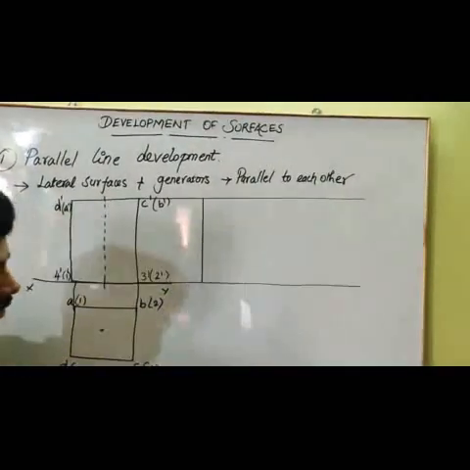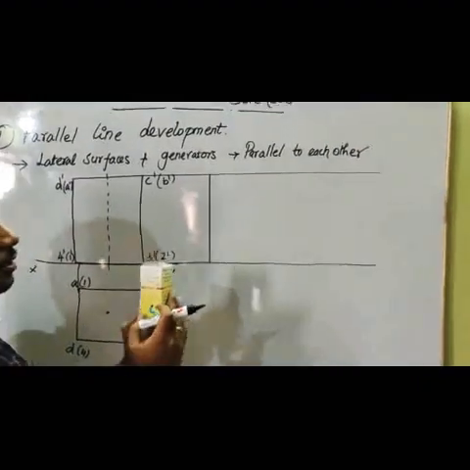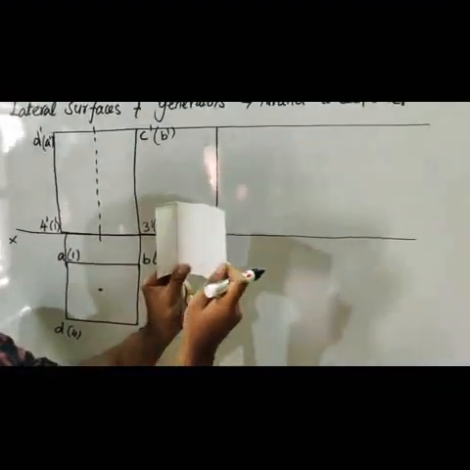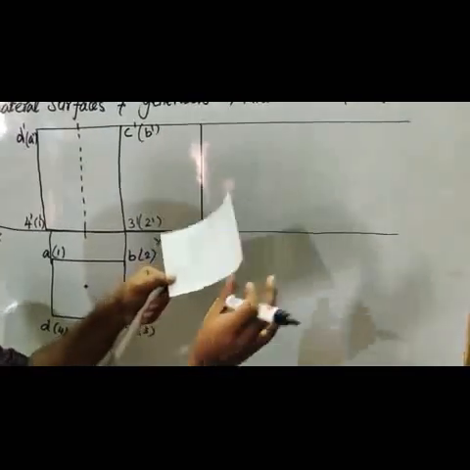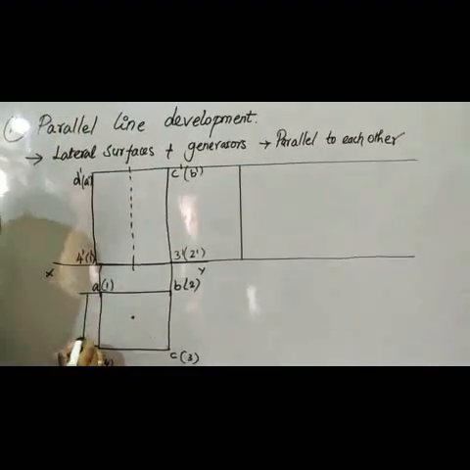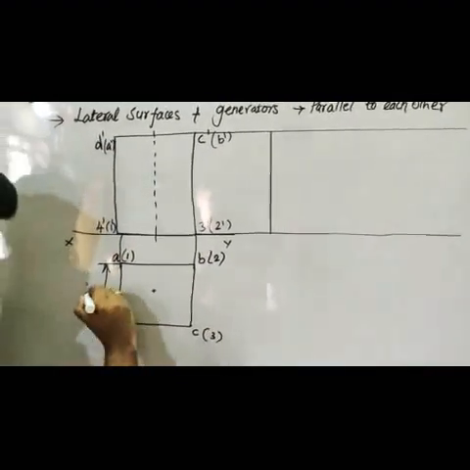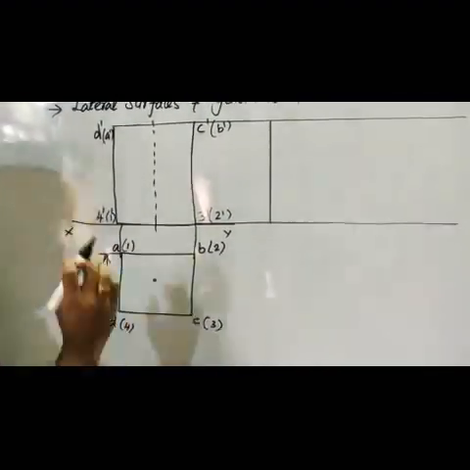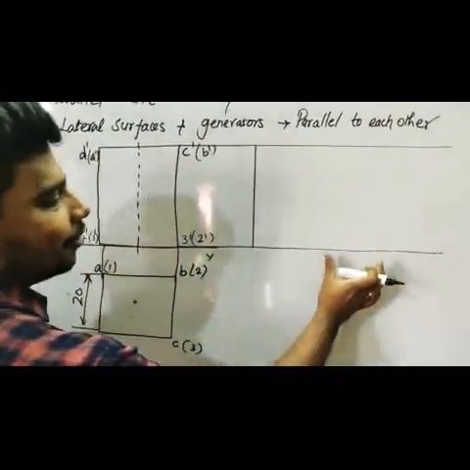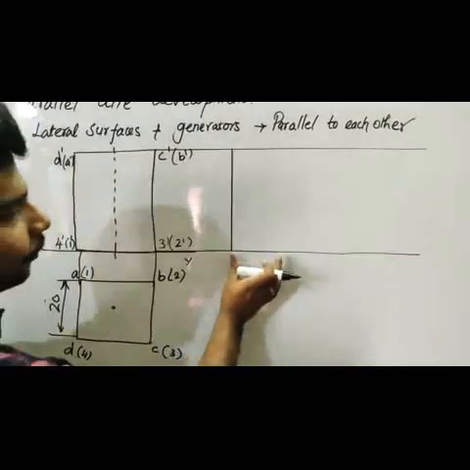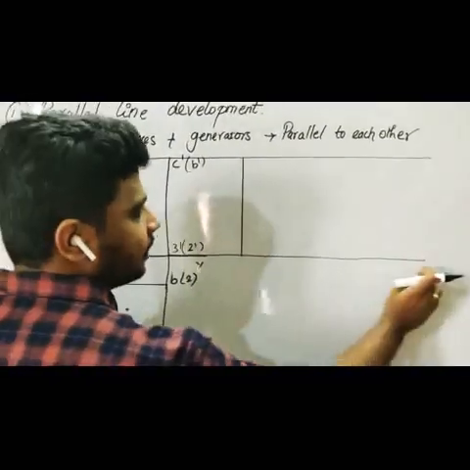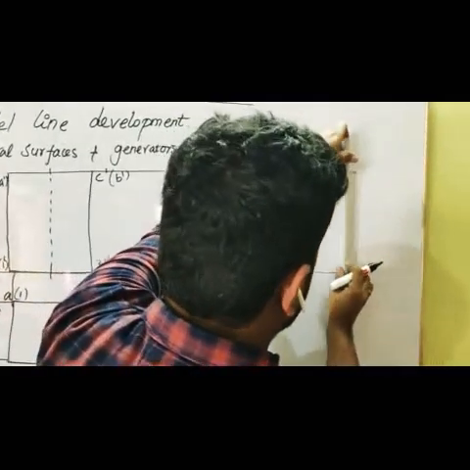You know this object has 4 lateral surfaces. Your square prism will have 4 lateral surfaces. For example, if each side has a length of 20 mm, then there are 4 lateral surfaces with a length of 20 each, so the total length will be 80 mm.